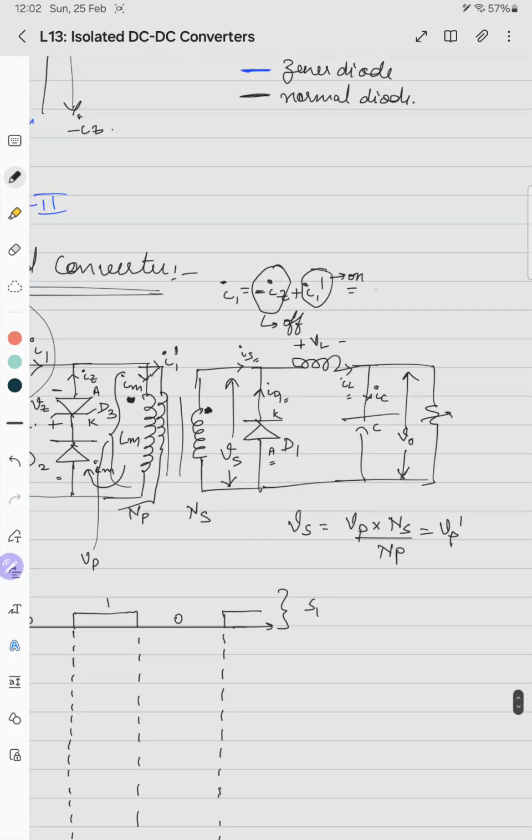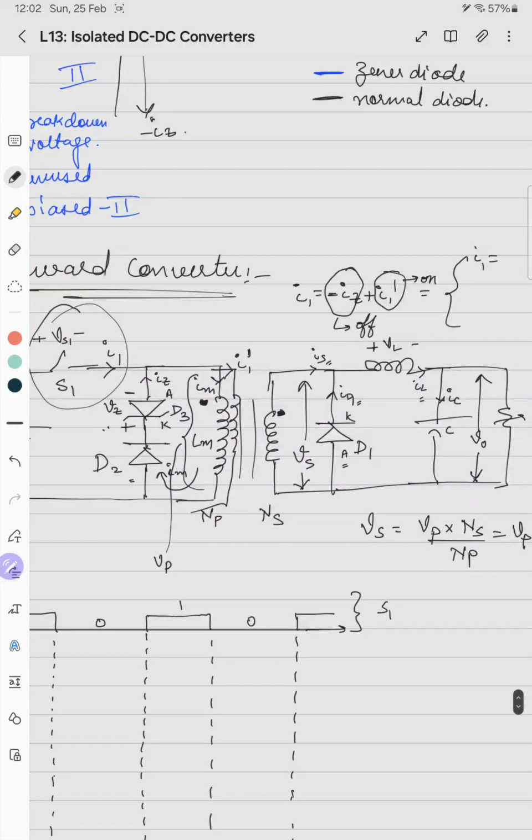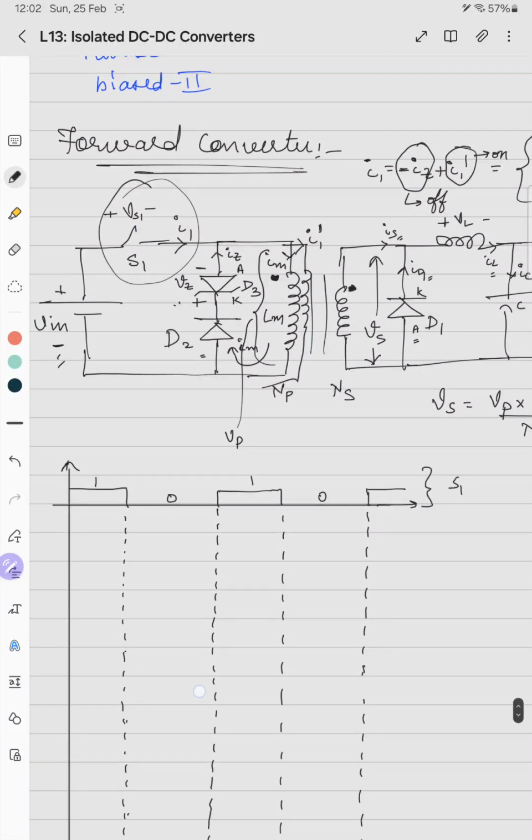So I can simplify this in two ways. I1 equals what? I2 dash. I'll just write the relation again. Vp by Vs is Np by Ns, which is equal to Is by Ip.